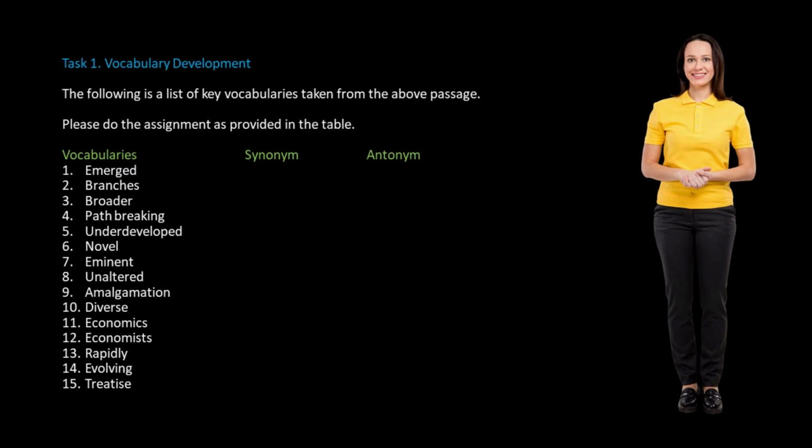Task 1. Vocabulary Development. The following is a list of key vocabularies taken from the above passage. You need to find the synonym and the antonym of these words. 1. Emerged. 2. Branches. 3.